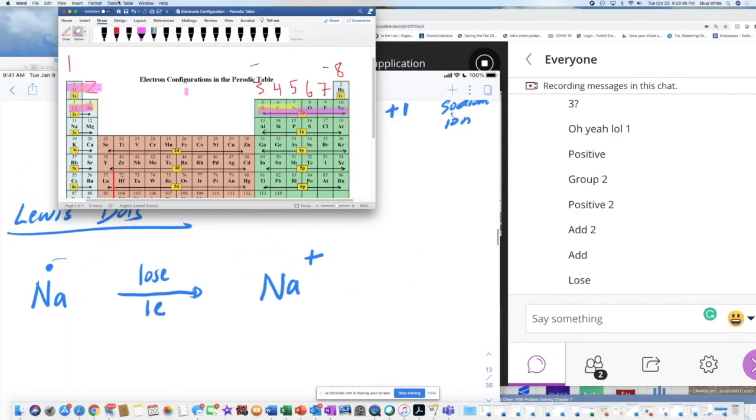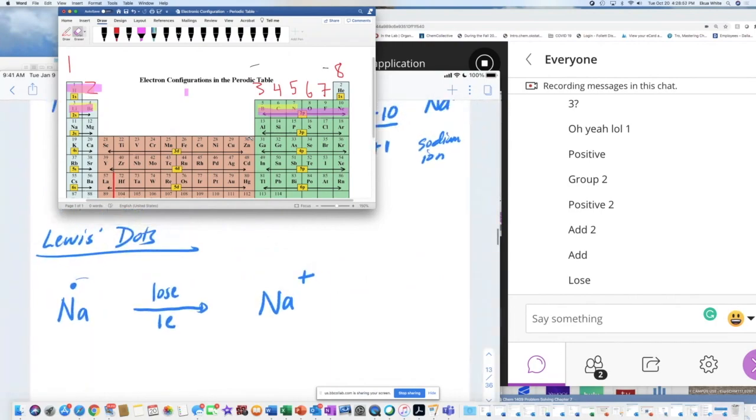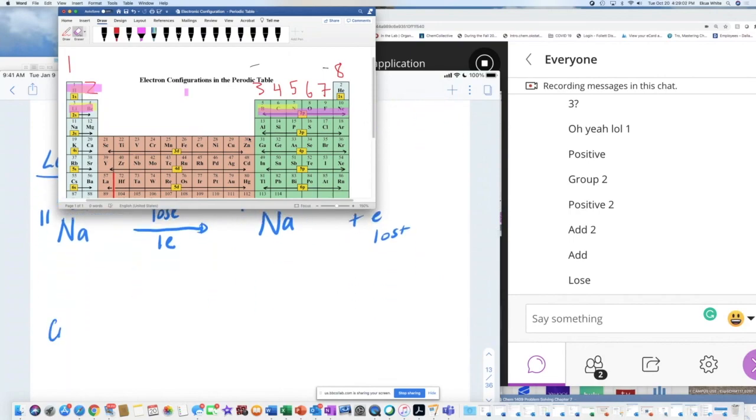Okay? And this is the story from the point of view of the Lewis dots. Remember, with this, sodium has 11 electrons. Now it only has 10 electrons because 1 electron has been lost. Okay? That's fine. Now we're going to tell the story from the configuration.